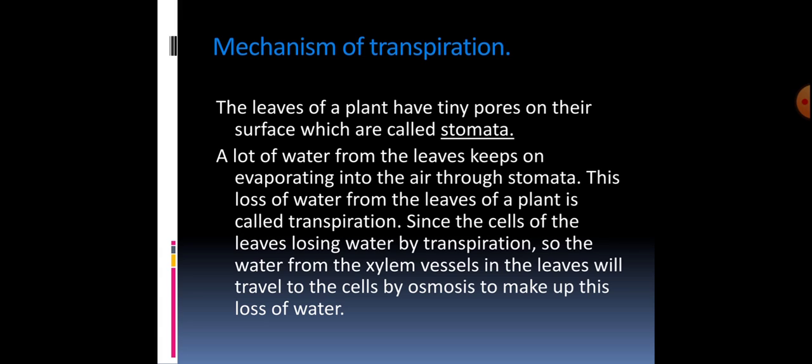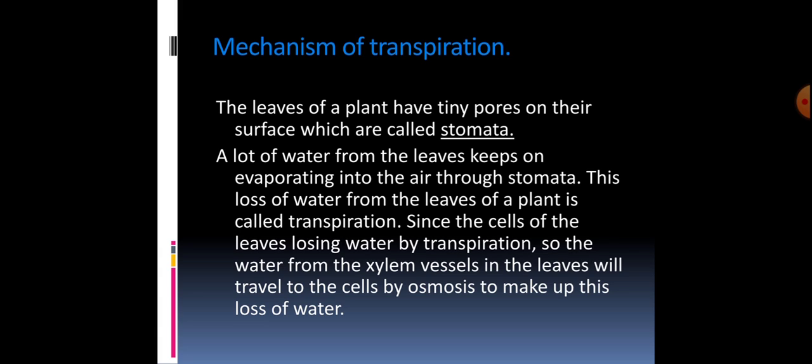Now the water present on the leaf gets heated due to the heat energy of the sun. Then this water present on the surface of the leaf gets heated and converts into water vapor. This conversion of water into water vapor in leaves is called transpiration. This process reduces the pressure at the leaves, at the top.